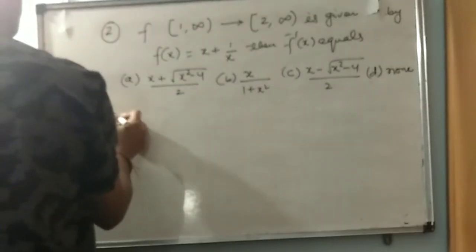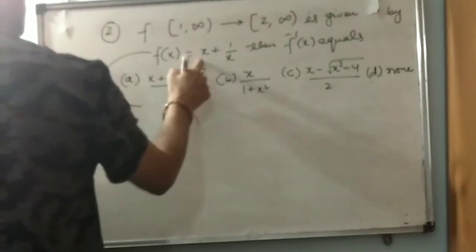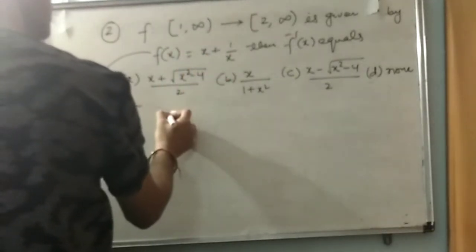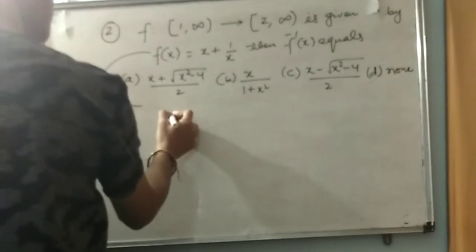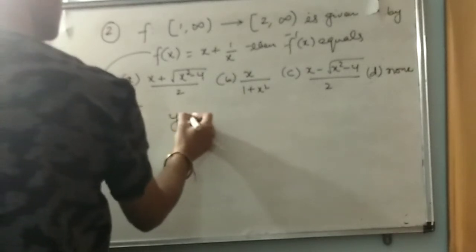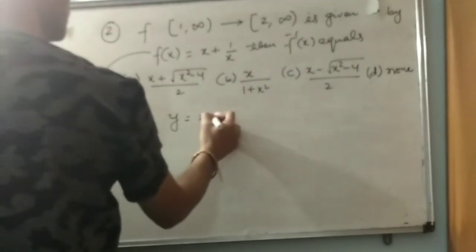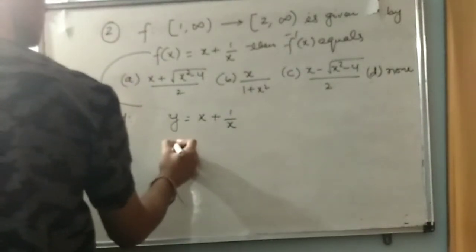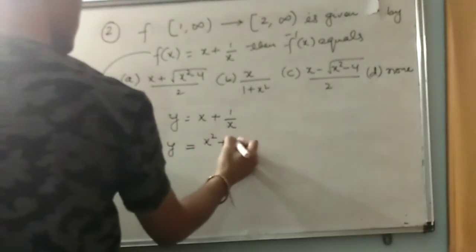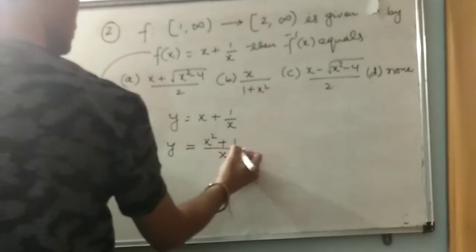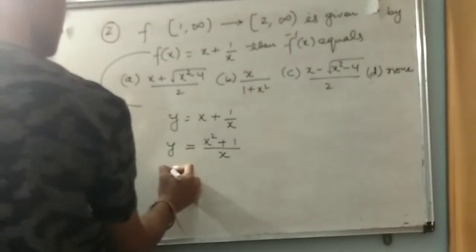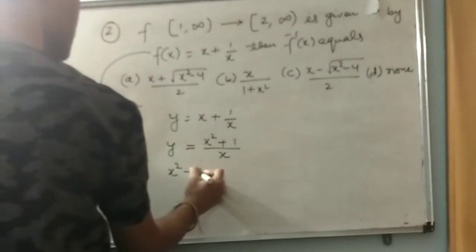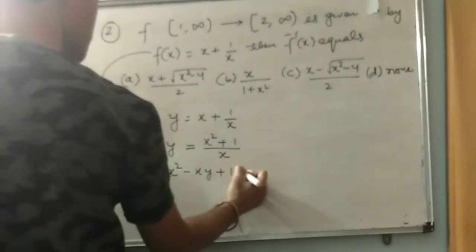Starting with this f(x) is equal to x plus 1 by x. Take f(x) is equal to y is equal to x plus 1 by x. Taking LCM and all, we are getting x square plus 1 whole divided by x, giving us x square minus xy plus 1 equal to 0.